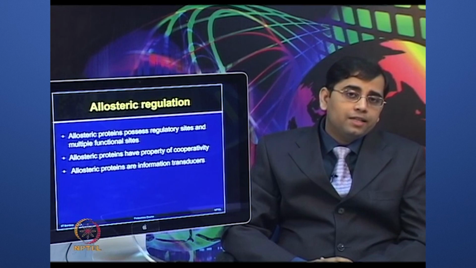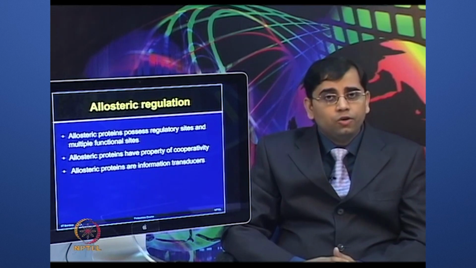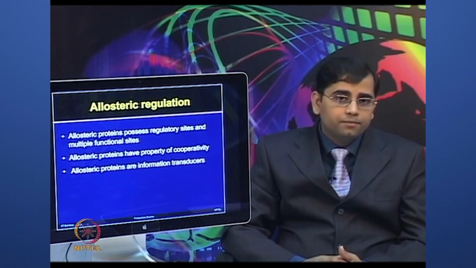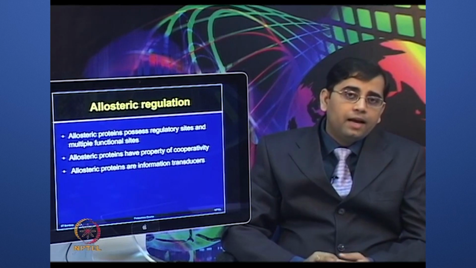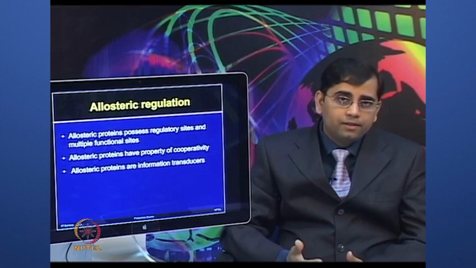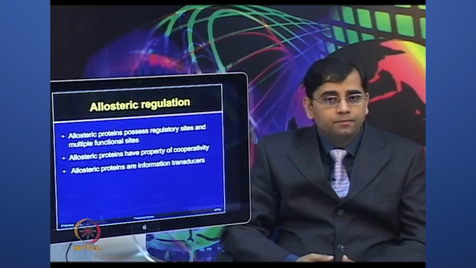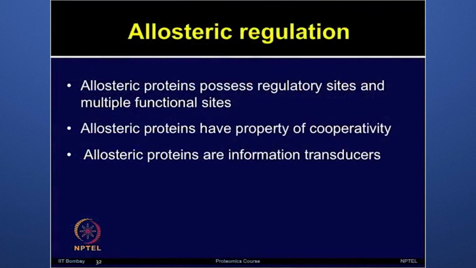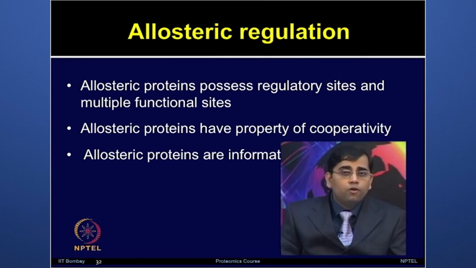The allosteric proteins possess the property of cooperativity. So, activity at one functional site can affect the activity of others in a cooperative manner. So, the allosteric enzymes are information transducers. In response to the signal molecules, their activity is modified.